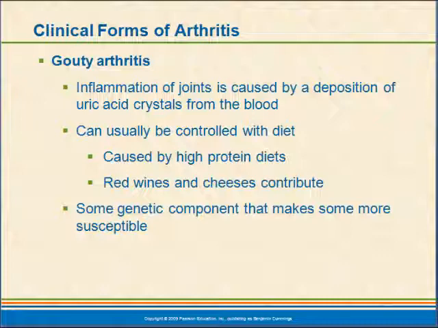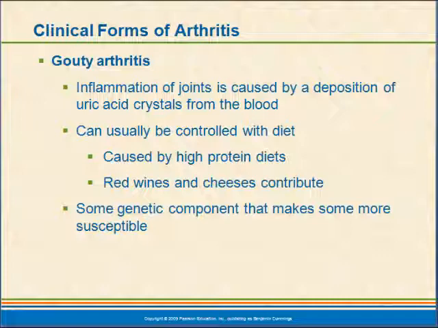So this is one of many conditions that are known as royal diseases. We see this a lot in the United States. We are pretty much a red meat kind of country where people like to have a meat with every meal. Big cheeseburgers and stuff like that. This can be controlled with diet. Basically, you reduce your protein, eliminate the red wines, cut down on the cheeses.